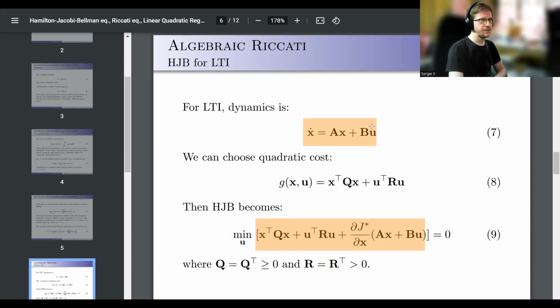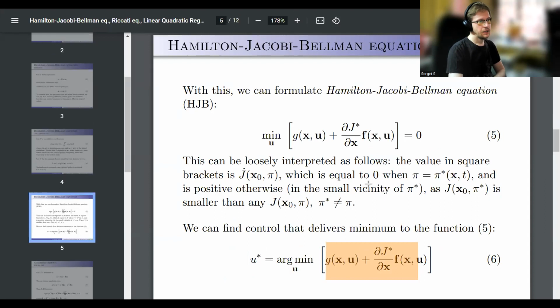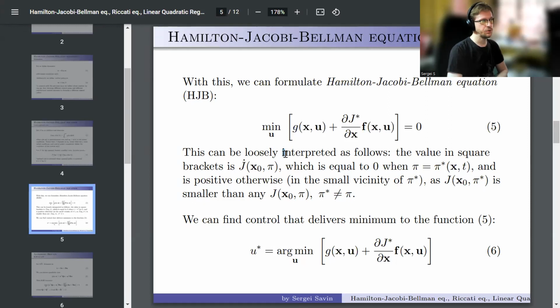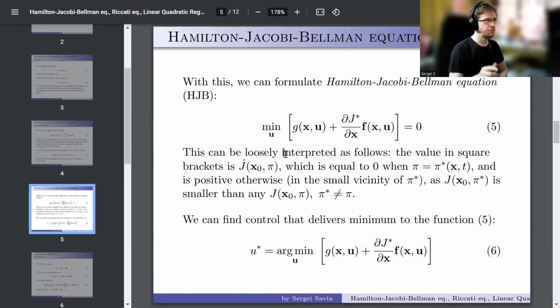And if you can derive this equation from HJB, then you'll be able to stay flexible. You'll be able to continue working with Riccati even when you see something that is not covered in the textbook that you have open in front of you. So it's important to know HJB just to be able to derive Riccati for slightly different systems.